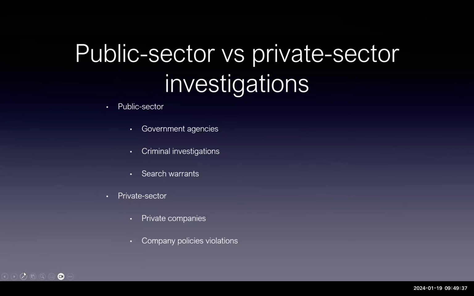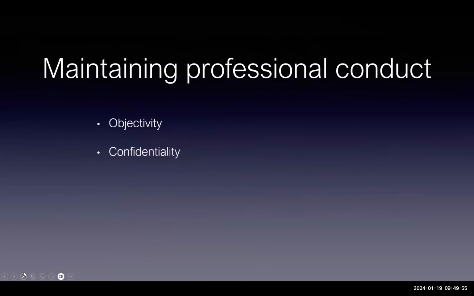It could be email harassment or embezzlement or sabotage or any number of things. So, based on the type of investigation, there are different things that have to occur before the investigation begins, like a search warrant for public sector and some kind of violation for private sector.